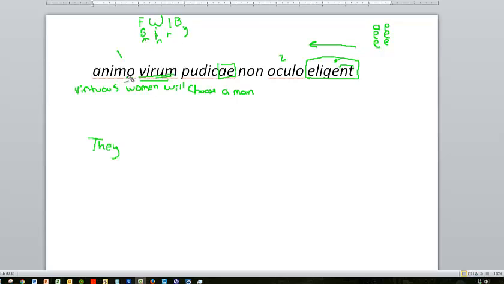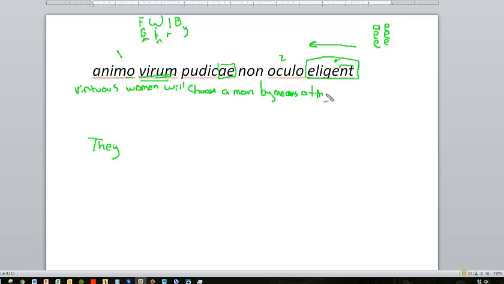You could use with. With would probably make sense too. With, like the mind or the spirit, not the eye. And so in any case, we'll choose a man. You could say by means of the mind, or with the mind. Oh my goodness, I chose the wrong one.